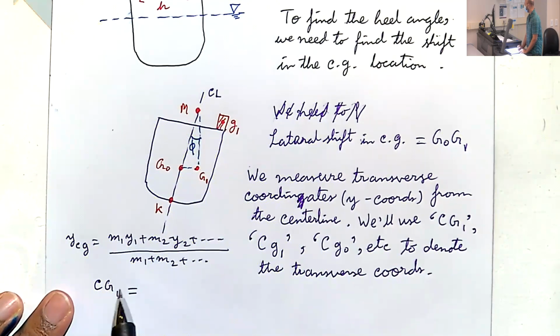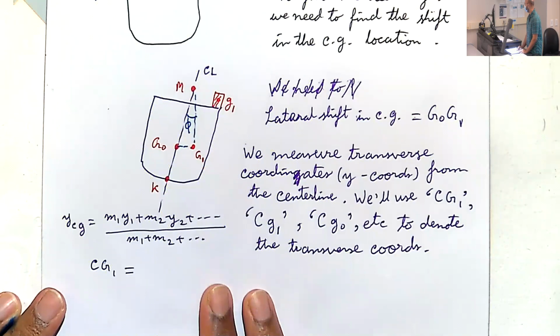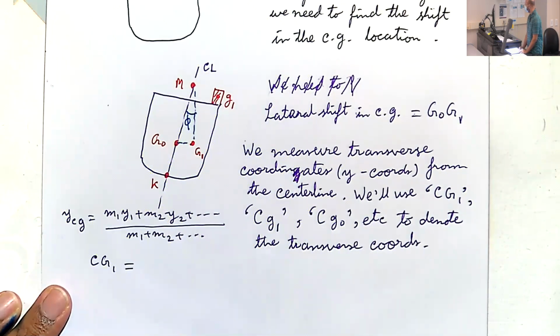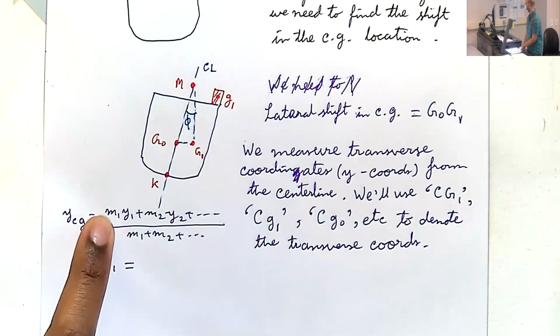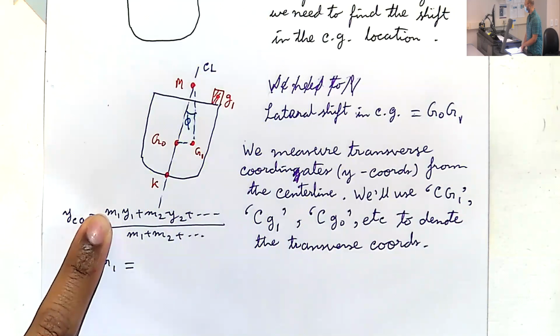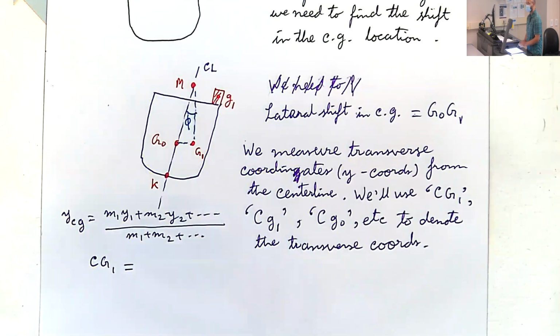So what should we write for CG1? No ideas? What should we take M1 to be? Mass 1? Okay.